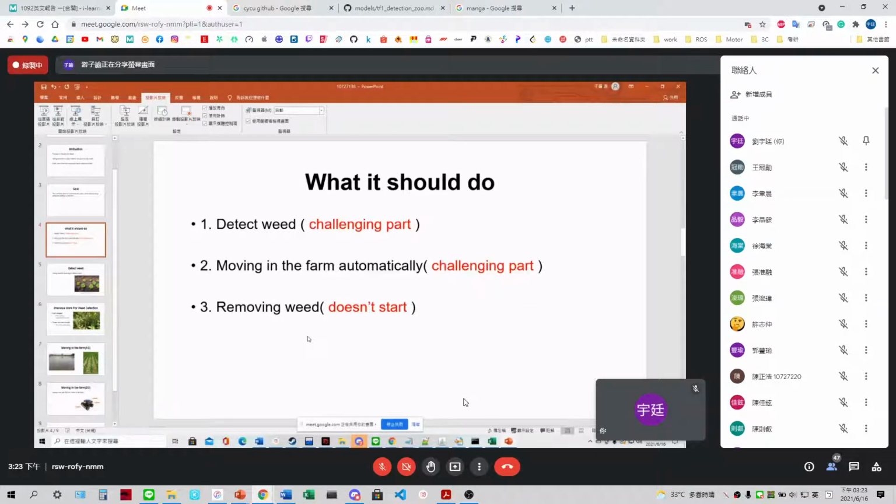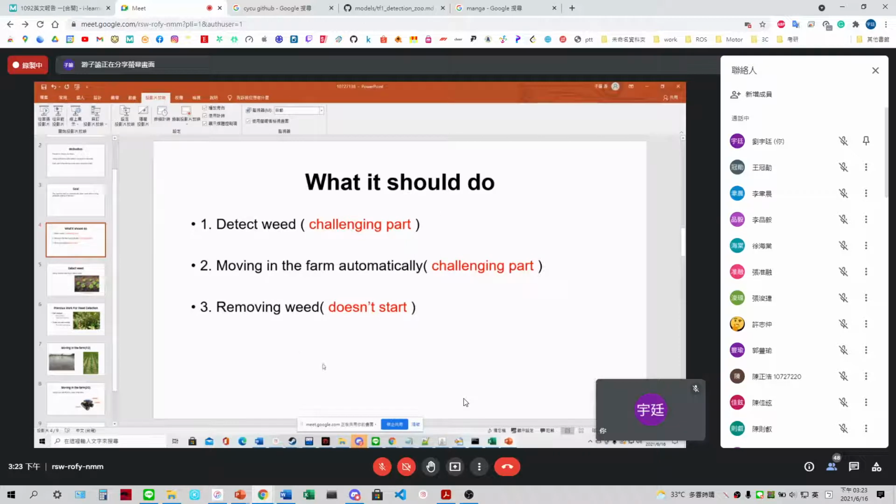So we decide to make sure the first two are finished. Okay, and make sure that your robot can move smoothly on the farm. Okay.